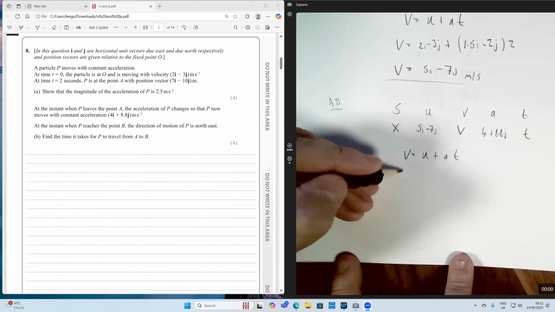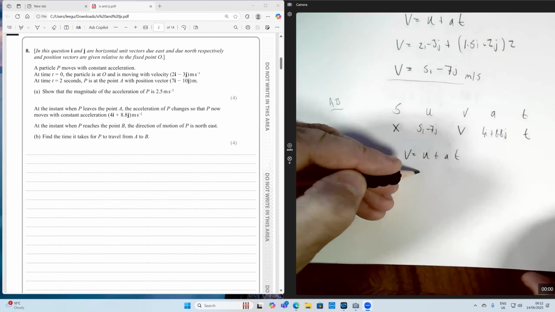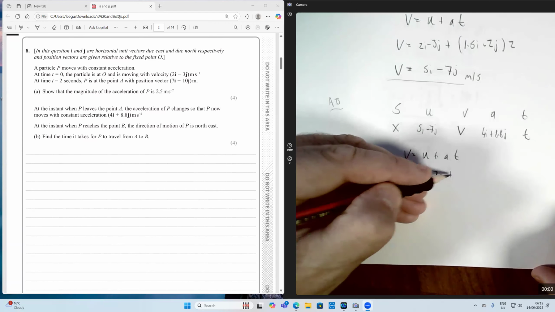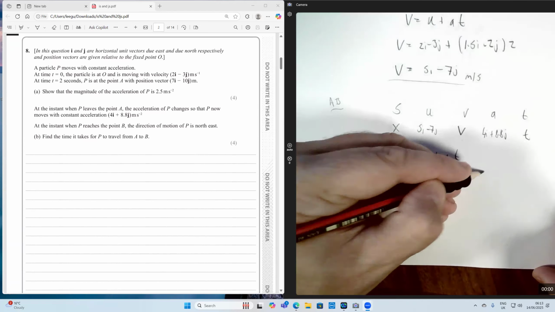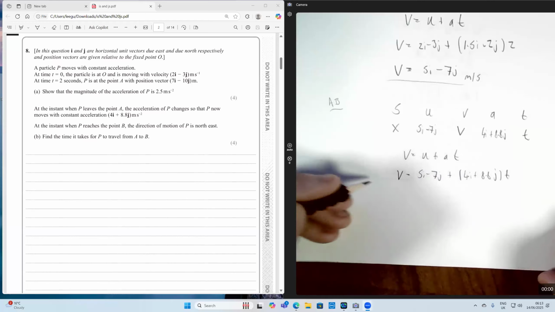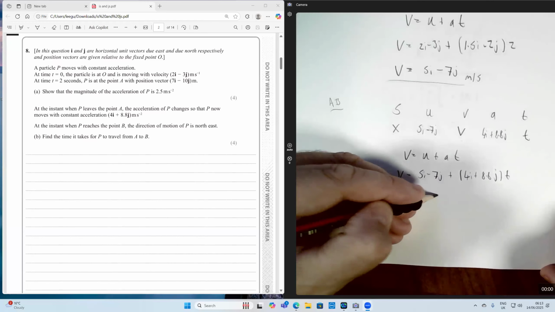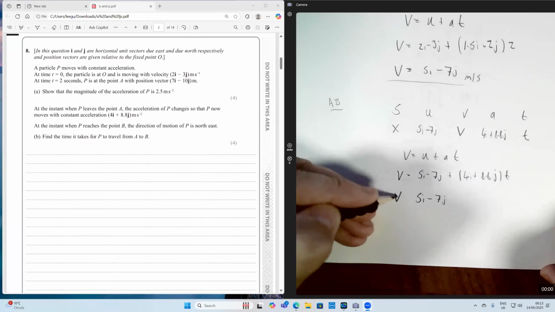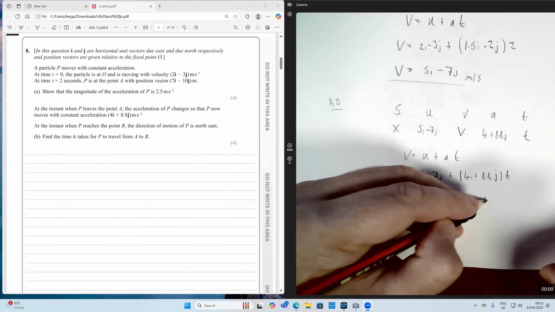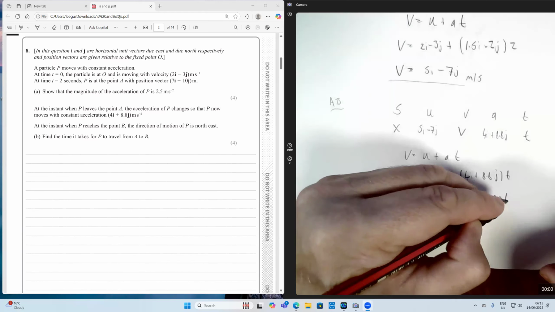Okay, so the v we're trying to find is our u, which is 5i minus 7j, plus our acceleration, which is 4i plus 8.8j, times t. So I'm going to expand that now. Plus 4ti plus 8.8tj.